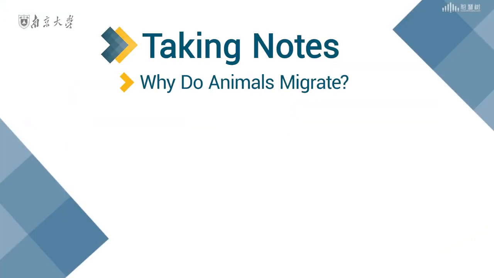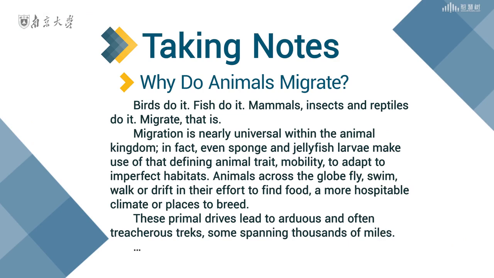Why do animals migrate? Birds do it. Fish do it. Mammals, insects, and reptiles do it. Migrate, that is. Migration is nearly universal within the animal kingdom. In fact, even sponge and jellyfish larvae make use of that defining animal trait, mobility, to adapt to imperfect habitats.